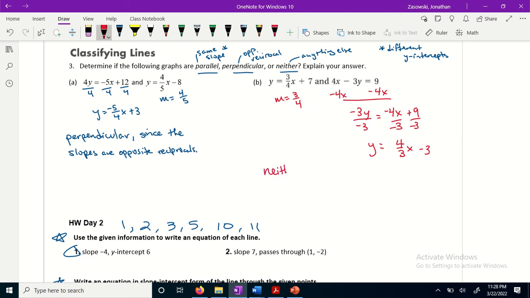So this is going to be neither. Okay. All right, and then we can say, since the slopes are not the same or opposite or negative, your choice, reciprocals.